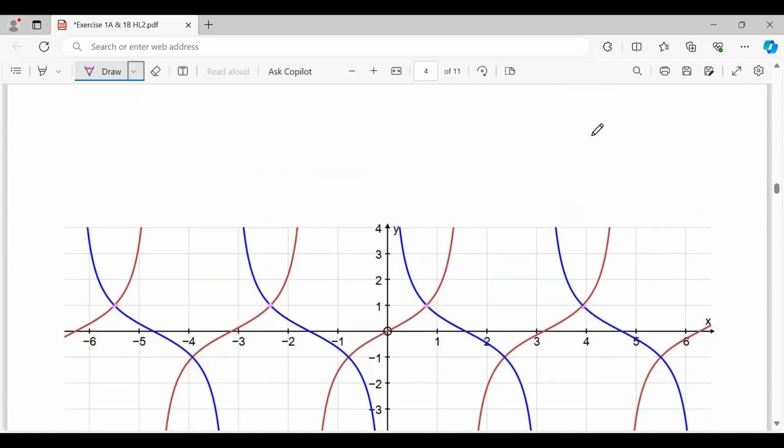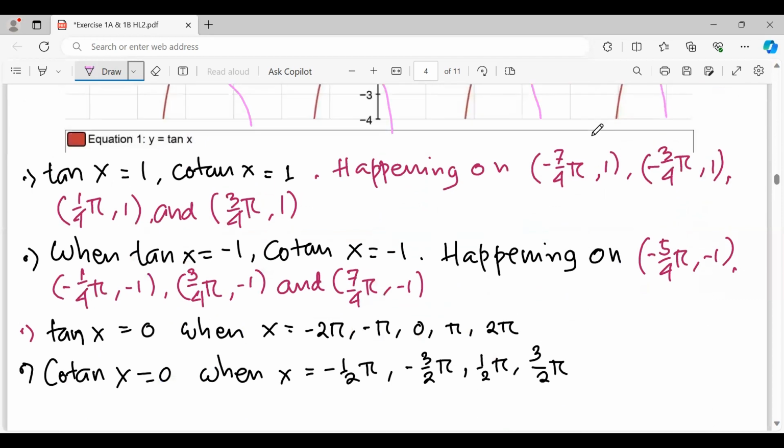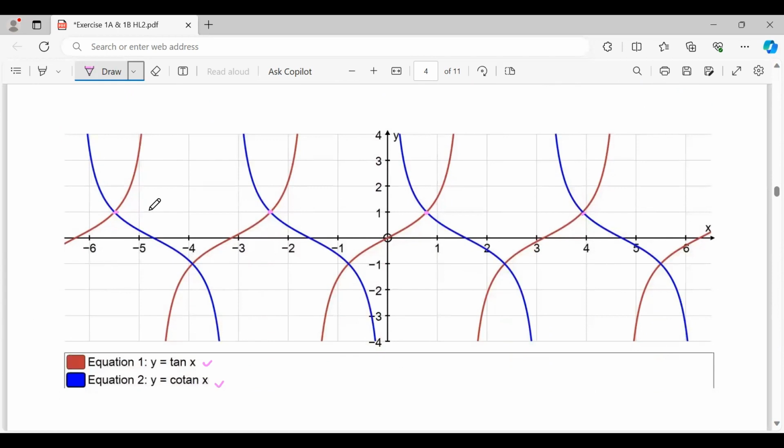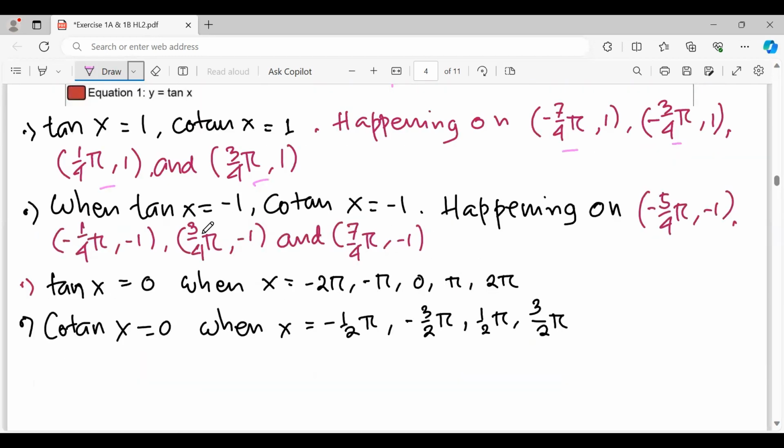Because now I have calculated these: 1, 2, 3, 4. Those are here. And the next is y equals negative 1: 1, 2, 3, 4.